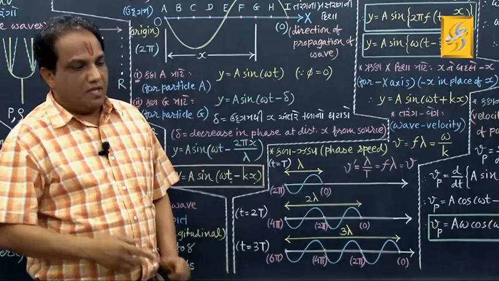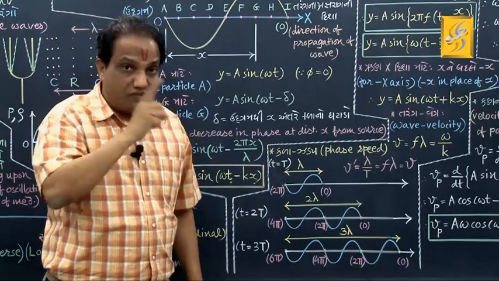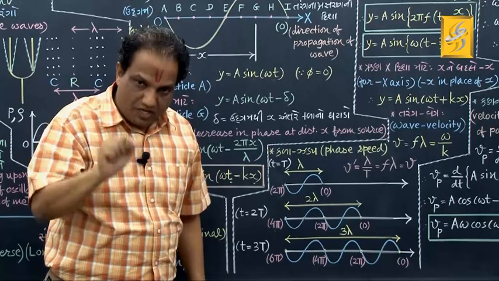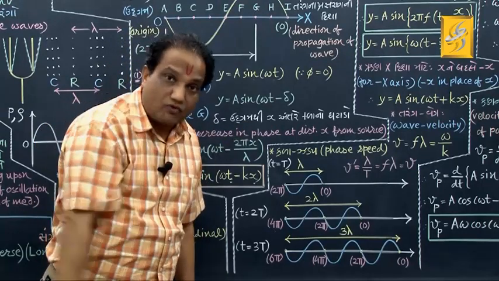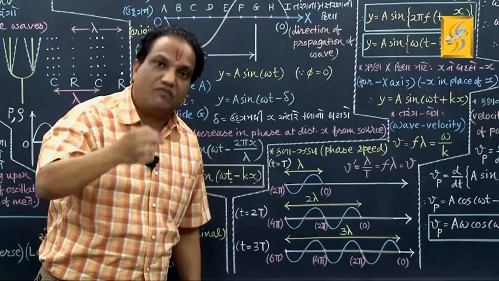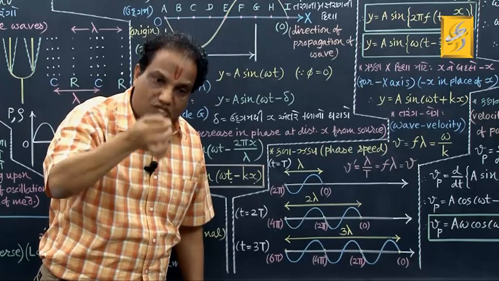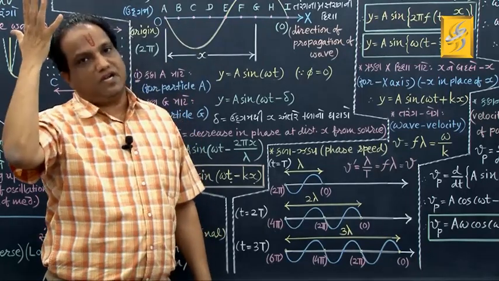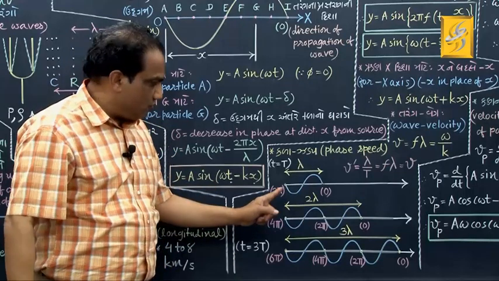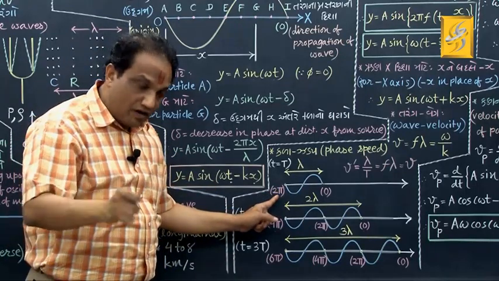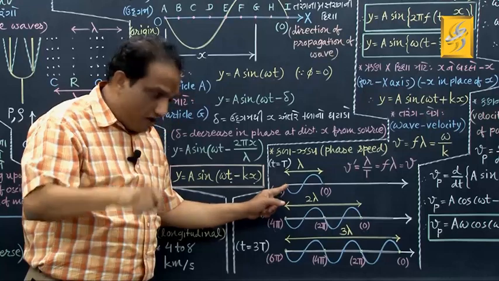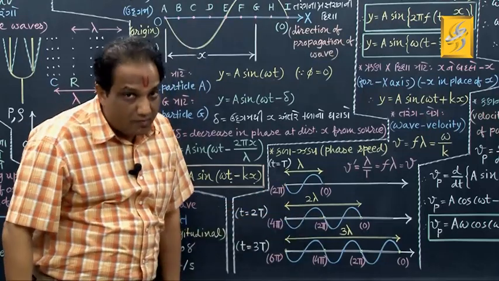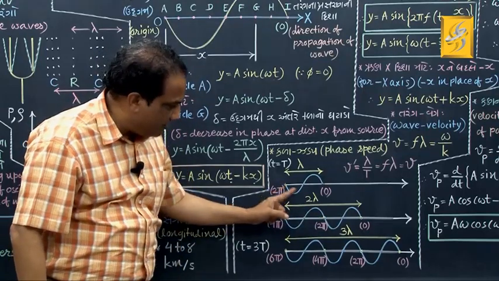I repeat, the speed with which the particles along the direction of propagation of wave assume a given constant phase is called phase speed, correct? Suppose you are taking 2 pi radian, then earlier it was for this particle, now it is for this particle. What is the separation between these two particles?